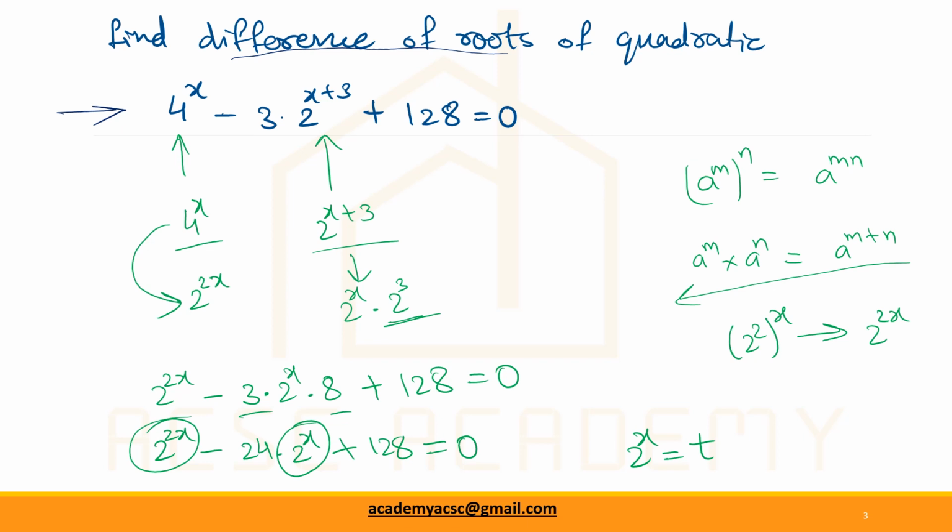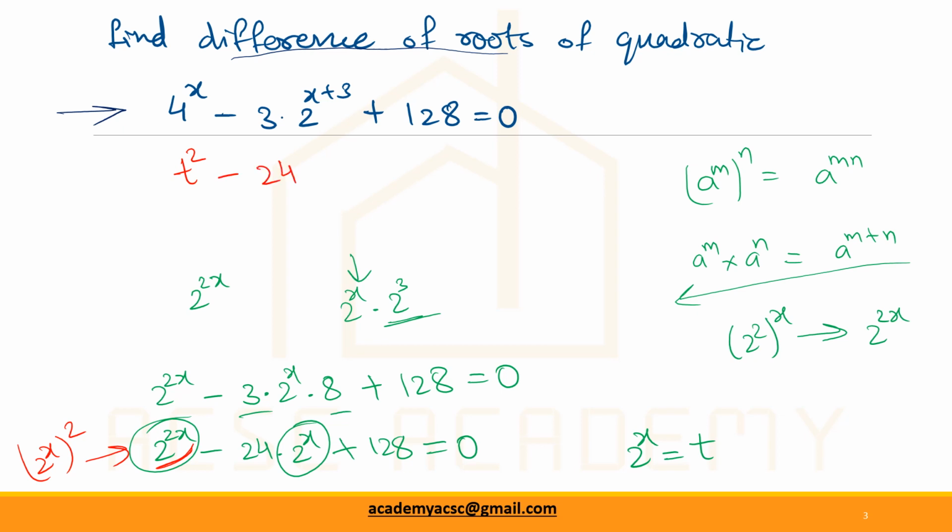Let us see if we are able to convert it into a quadratic. After replacing, we will be able to write that as t squared, because this is 2 raised to x and that squared, then minus 24t plus 128 equal to 0, where t equals 2 raised to x.